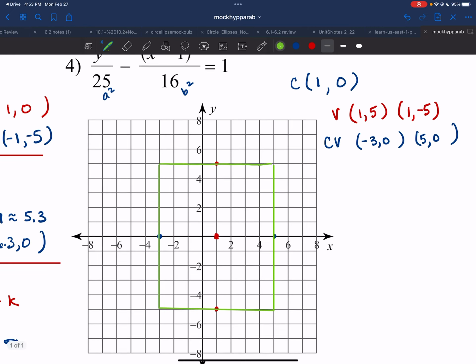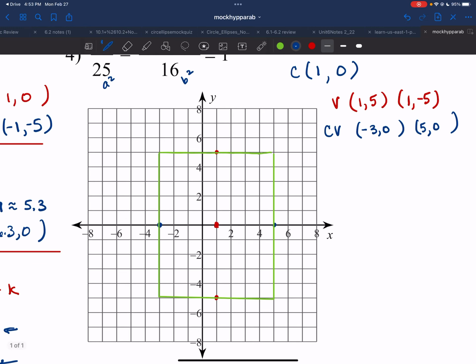All right, so that's my rectangle, and then remember that I've got my crisscrosses through, so I'm going to go through the center and through the other side, and through here, through the center, through the other side. Okay, those are my asymptotes.